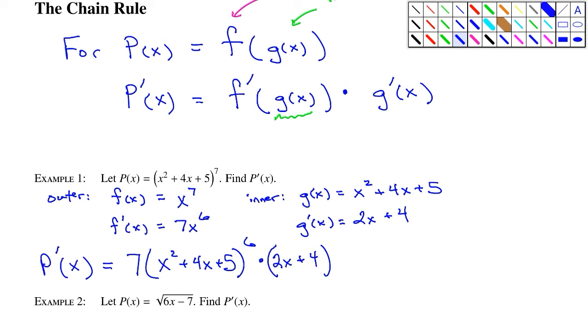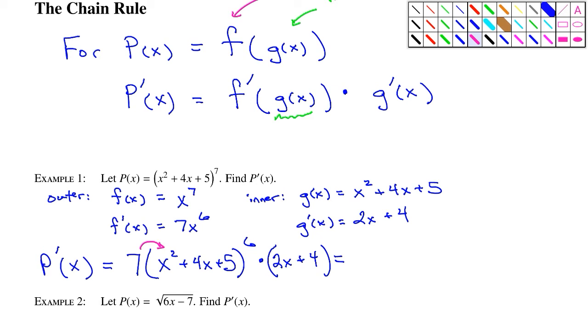That is the derivative, and then you would clean it up a little bit by simplifying the 7 and the 2x plus 4. Notice that you can't send the 7 inside the x squared plus 4x plus 5 to the 6th because that is raised to a power, and exponents take precedence over multiplication.